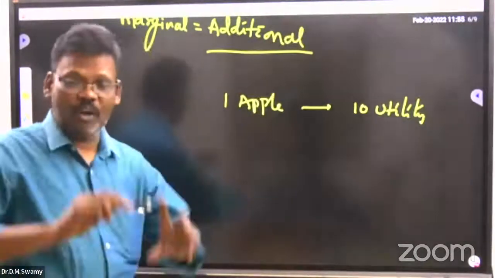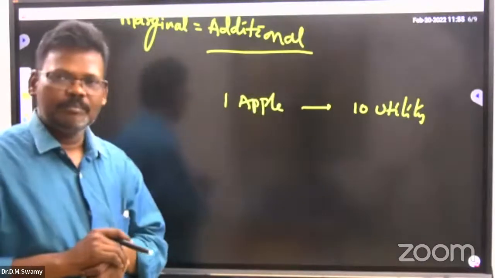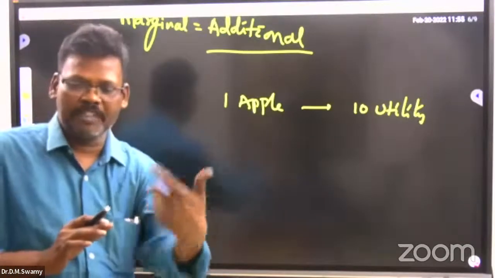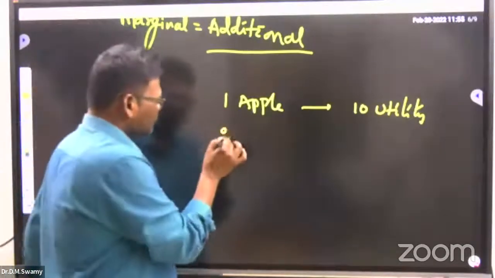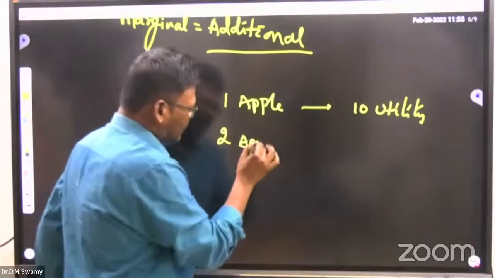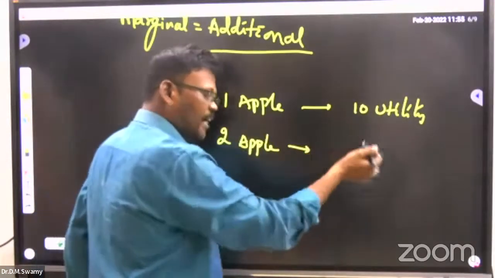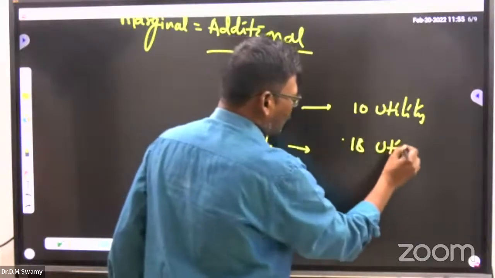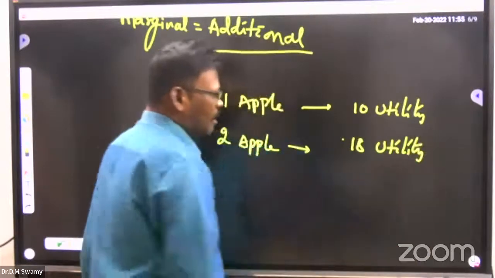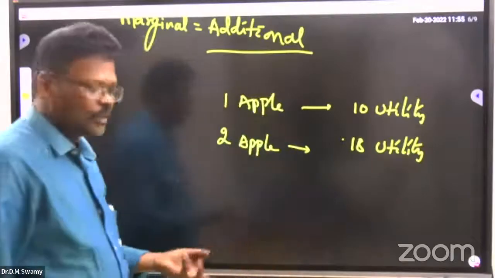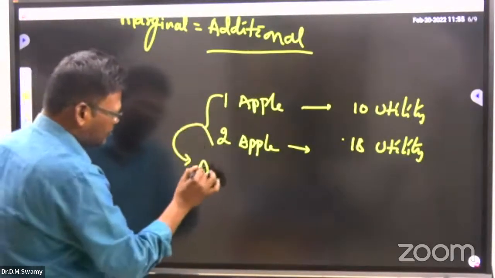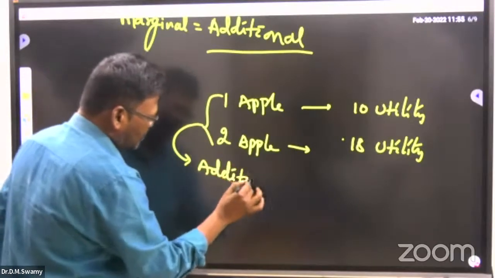Immediately, without a time gap, the consumer starts eating the second apple after finishing the first. That means 2 apples were consumed, and he got a total utility of 18. So here he consumed one extra commodity, that is the additional commodity.